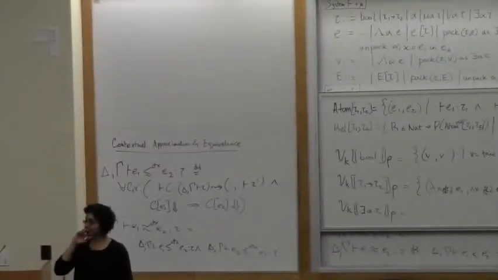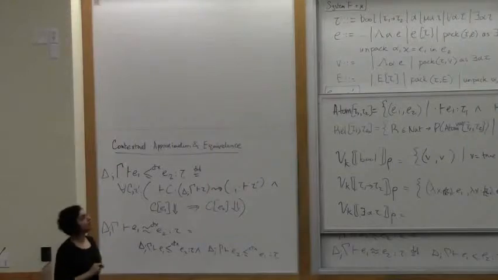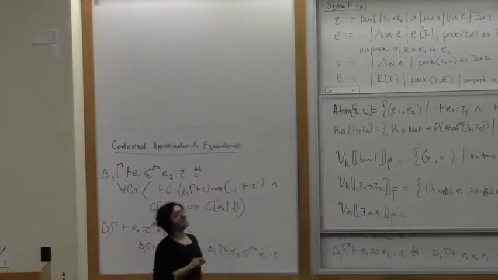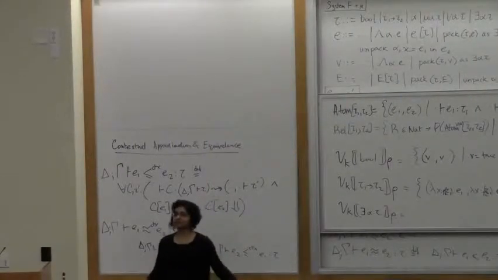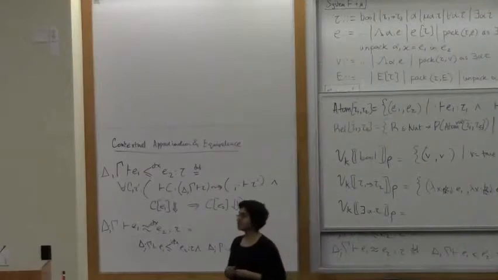Why don't we put any constraint over R? It should be reflexive in some way. Okay, we're going to come back to this as well.